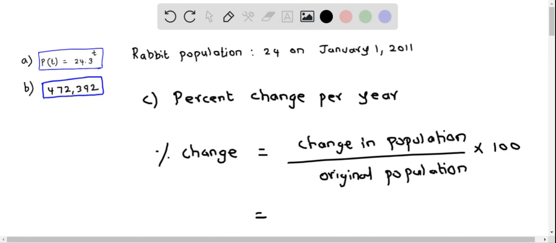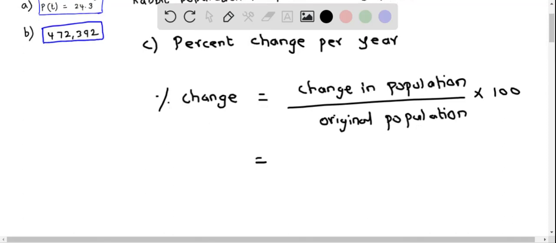So we can consider any 2 years to determine the change in population. So here I'm going to consider the population at the beginning and after 1 year, which is represented by P of 0 and P of 1.